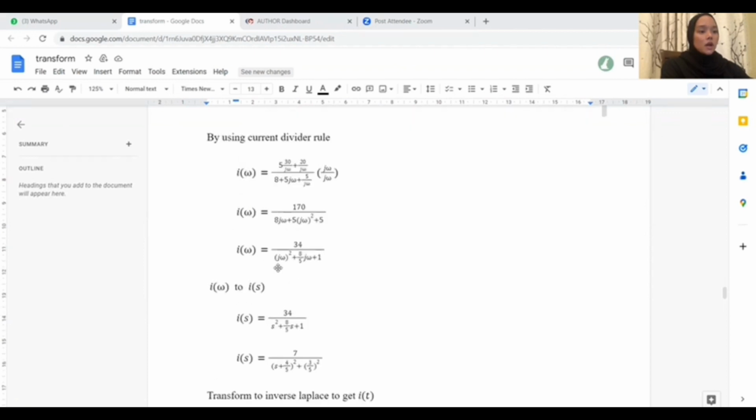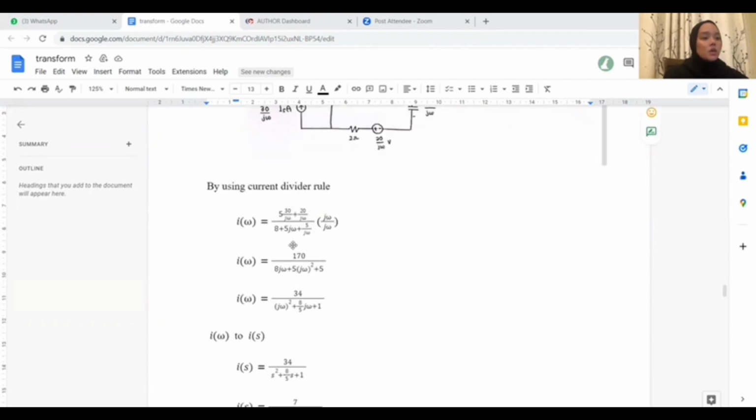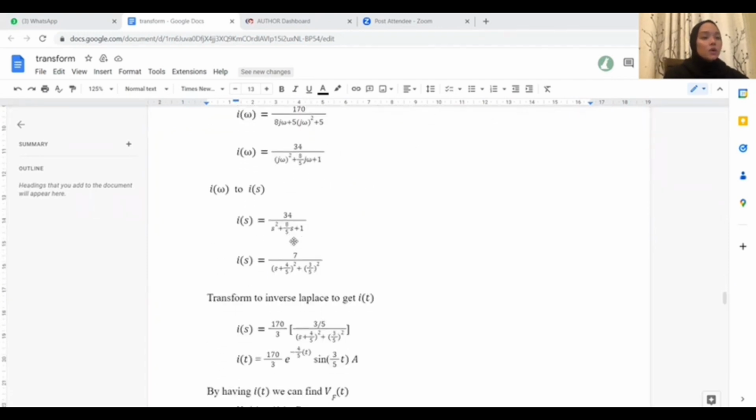So this is our I(ω), which is 34 over jω squared plus 8 over 5 jω plus 1. So next we need to change our I(ω) into the s domain. So this is our I in the form of the s domain.